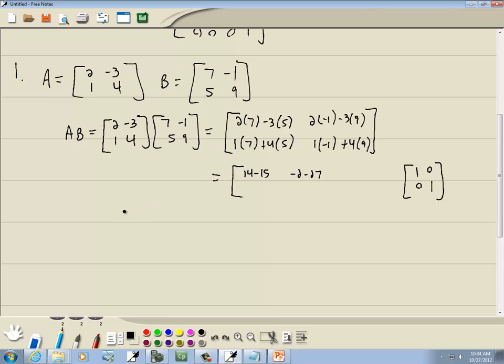Once you see that, then you can say A and B are not inverses. You don't have to check B times A, because both of them have to give you the identity matrix. So if one fails, then they're not inverses.